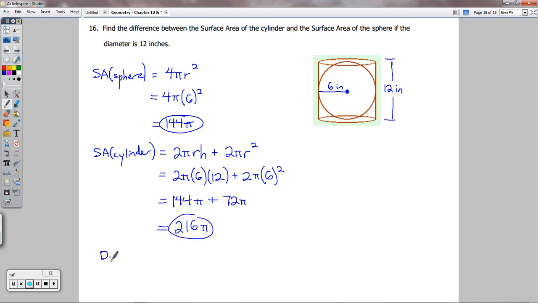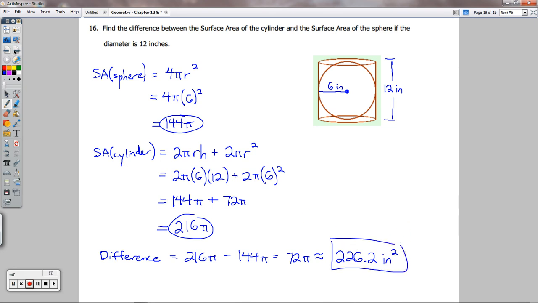And so the difference between the two is 216 pi minus 144 pi, so 72 pi, which is approximately, if we put that into a calculator, 72 times pi, about 226.2. And that would be a difference of that many inches squared being a surface area.